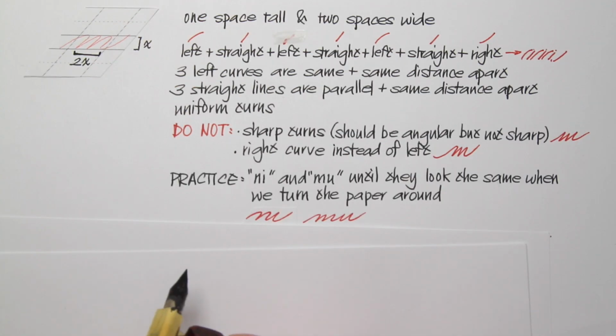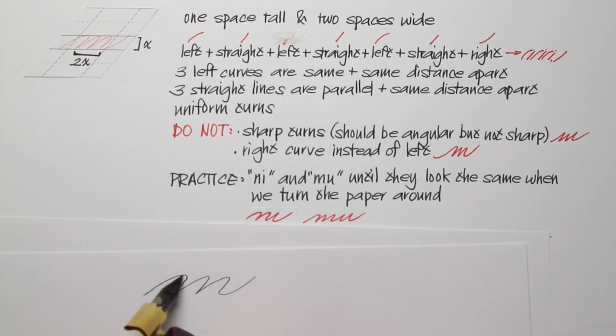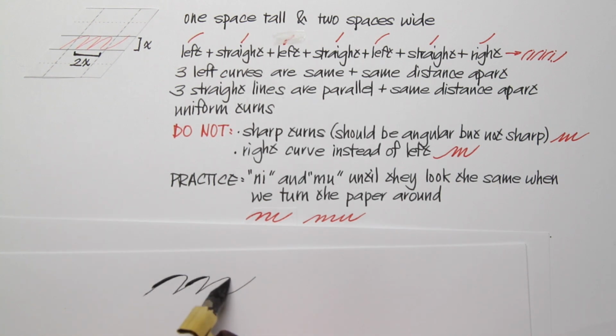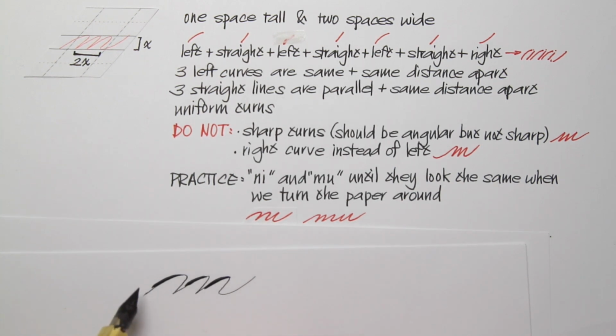The letter M is just like the letter N, one space tall and two spaces wide. Make sure that your three left curves, so here, here, here, are the same shape and the same distance apart.